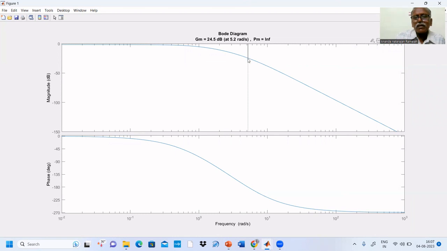Draw a horizontal line at 180, and it cuts at 5.2 radians per second. Draw a vertical line at this point. It meets the magnitude plot here. Draw a horizontal line. That is equal to minus 24.5. So minus of minus 24.5 equal to 24.5. Therefore, gain margin is 24.5. It's verified.